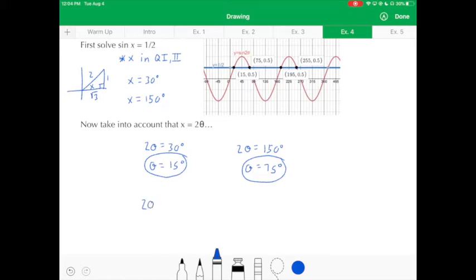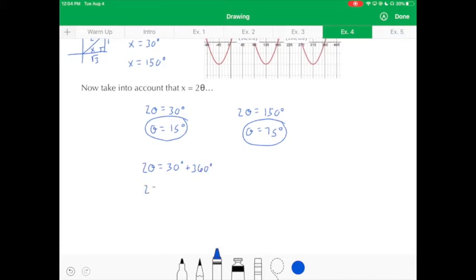So I'm going to solve a third little equation here. I'm going to say that 2 theta is equal to our original 30 degrees plus 360 degrees, or 2 theta is equal to 390, right? 390 is that coterminal angle to our original 30.